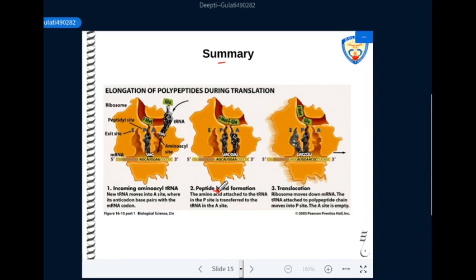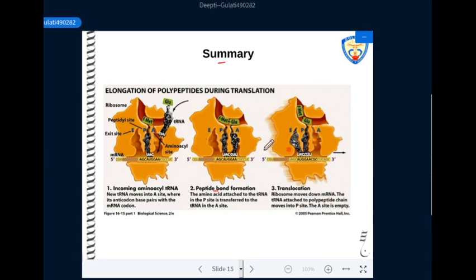The peptide bond is formed, catalyzed by the enzyme peptidyl transferase. The P site transfer RNA, which has donated its amino acid, has no amino acid now. The A site tRNA, which has accepted the amino acid, has got two amino acids now, followed by translocation, where the ribosome moves down on the messenger RNA.